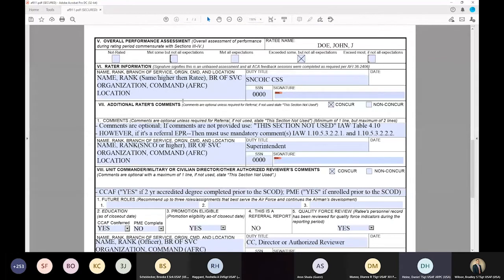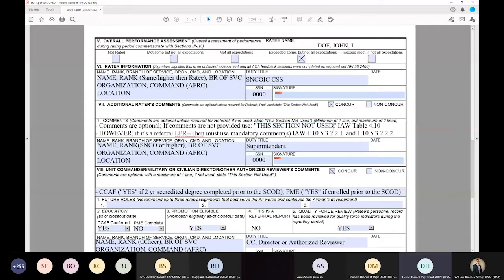Section 7 is the additional rater's comments. So they are allowed to add comments in their section if they want. If they do not want to provide comments, then they should be adding this section not used into the report. There is a minimum of 1 bullet per section.